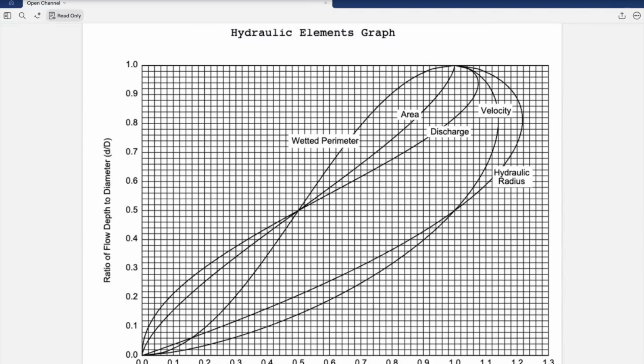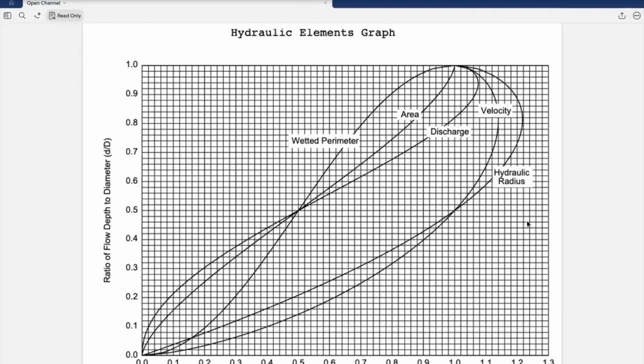So the first one is the hydraulic element graph. Most hydraulic formulas, like Manning's equation, are easy to solve when a pipe is 100% full, but in the real world, like in the later questions, we will be using sewers or storm drains.